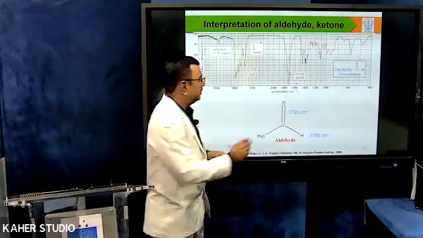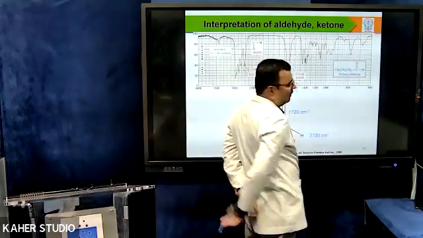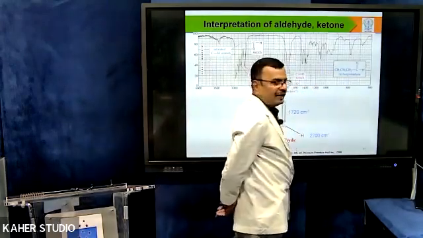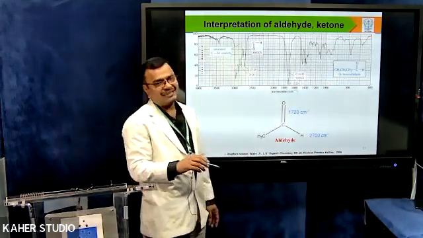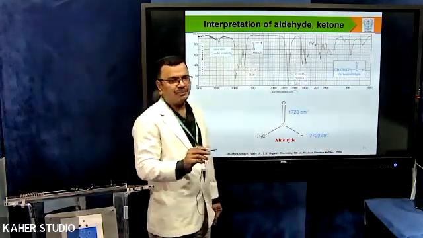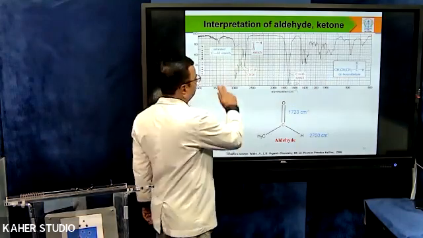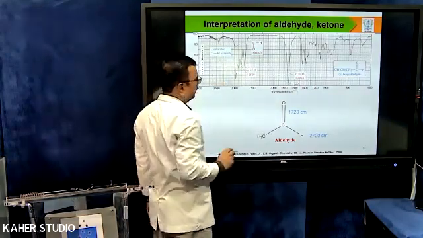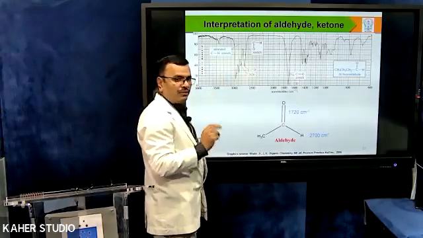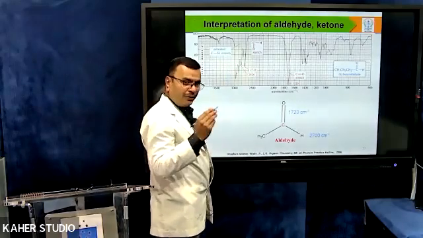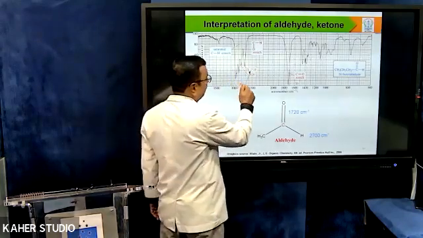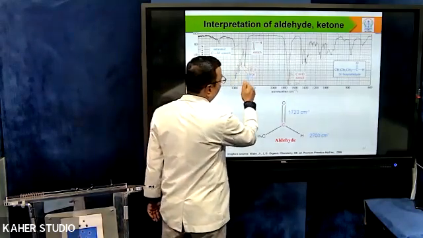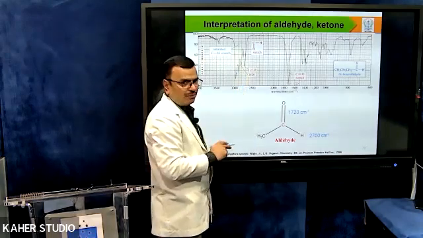If I take a simple aldehyde which contains alkane and aldehyde, along with the alkane stretch, I am going to get these assignable aldehyde peaks. The CH stretch of saturated I get around 2800 to 2900 reciprocal centimeter, and the characteristic peak of CH stretch is at 2720.